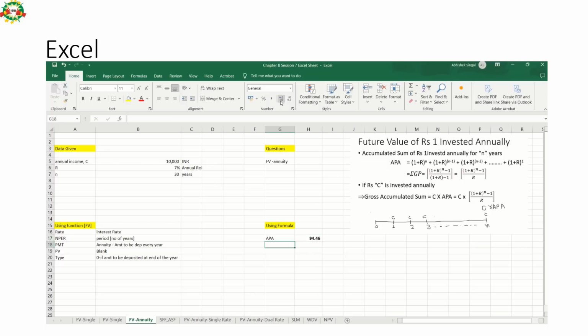This is the APA, and then the gross value will be equal to APA multiplied by 10,000. This is the value. This is answer 1.